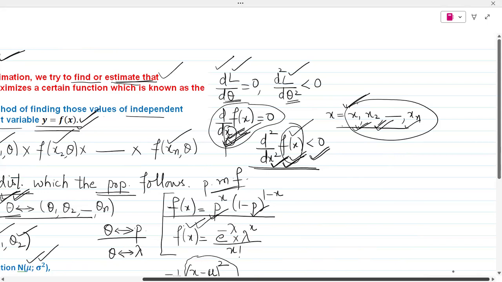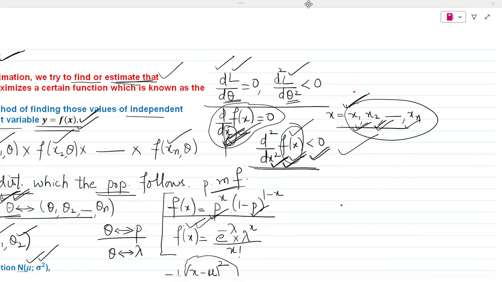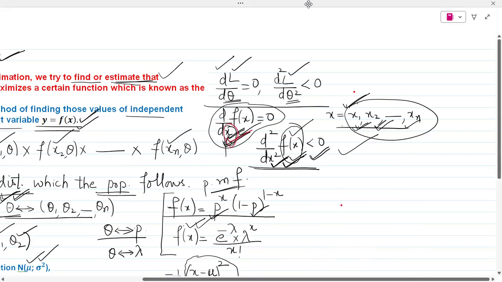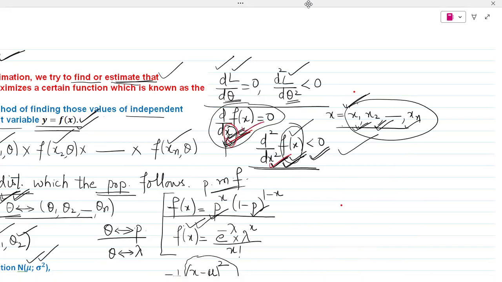So just like this case, we have this case. Just like finding those values of x which maximize f(x), here we try to find those values of theta which maximize L, the likelihood function.